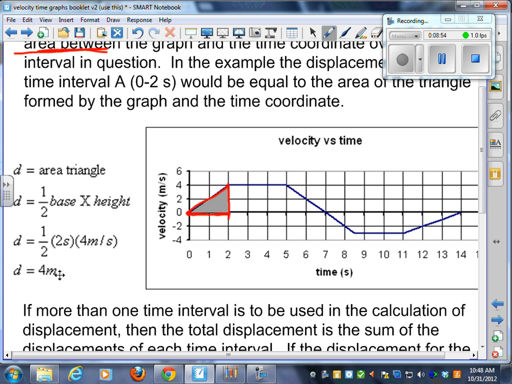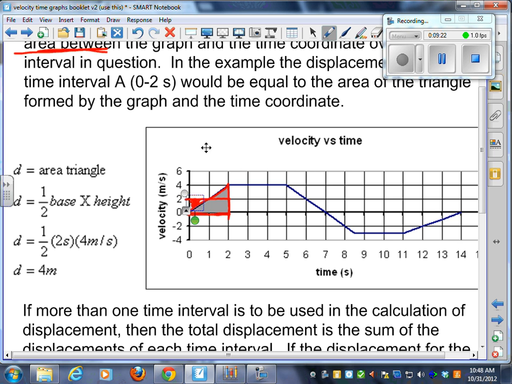Now it just happens that the whole thing works out beautifully, right? Because by taking the average, what I'm really doing is making my line like that. You probably already know that the area of that rectangle would be equal to the area of the triangle. If I take this little piece right here and put it in there, it's the same.